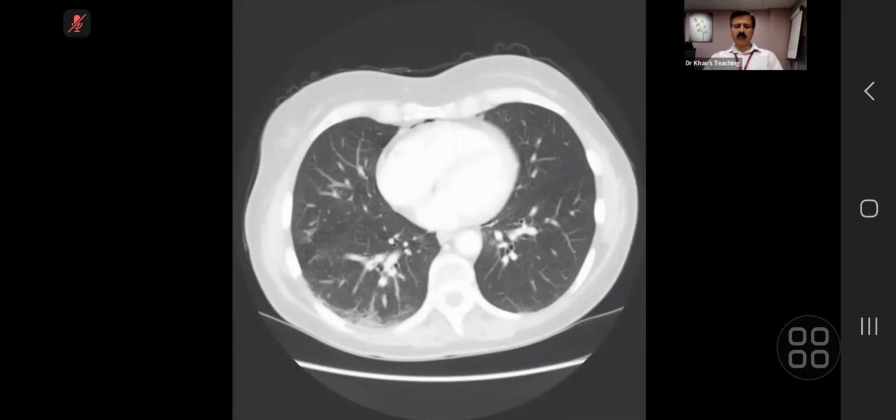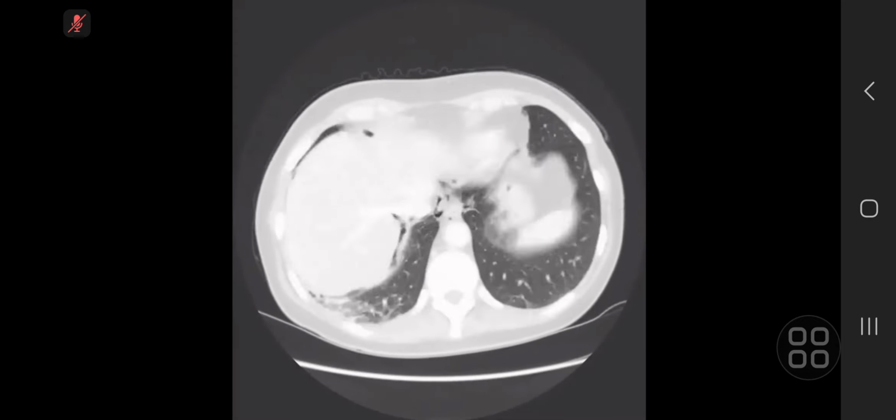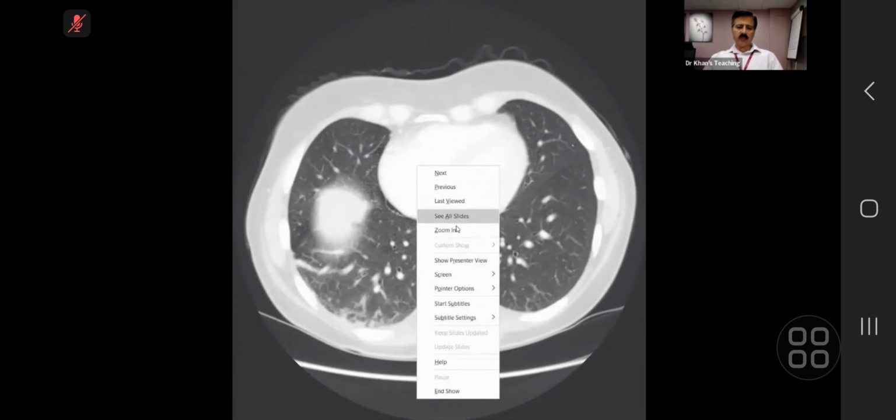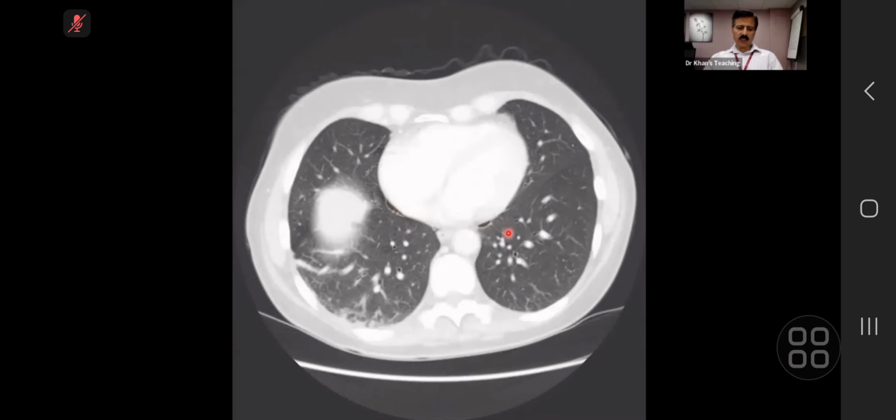Now, if you see here, number 6, can you see a CT scan? Yeah, I can see. Okay. What I wanted to show here is that you have got pneumomediastinum here. Now, what is happening?